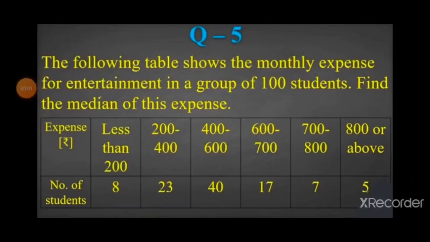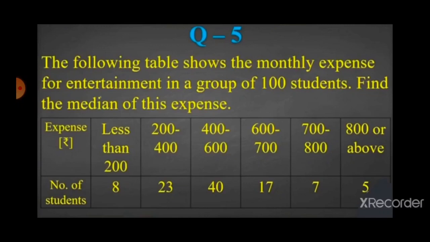Now, sum number 5. The following table shows the monthly expenses for entertainment in a group of 100 students. Find the median of this expense. Expense less than 200, number of students are 8.